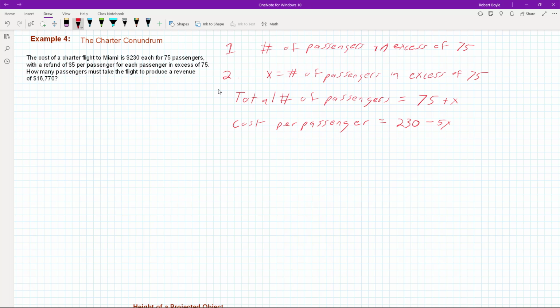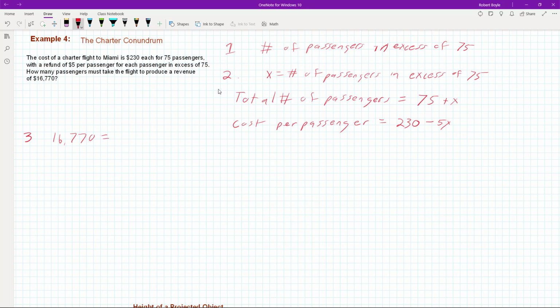Now we need to come up with the equation. So for step 3, it turns out the total cost of the flight is $16,770. What is that equal to?